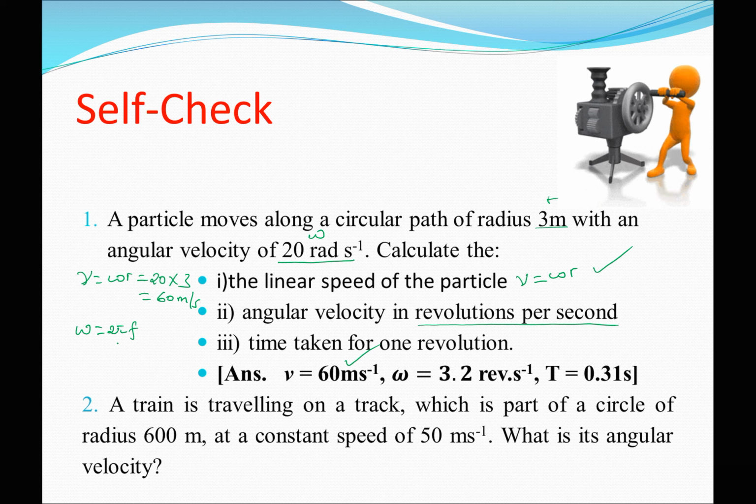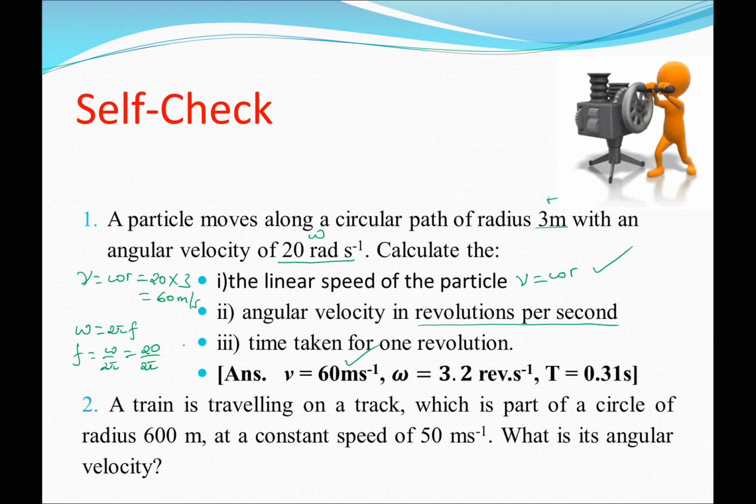And 2 pi alone is a revolution. So when we divide this by time, it is going to be in seconds. So it's equivalent to just finding f as omega over 2 pi, which is going to be 20 divided by 2 pi. So 20, remember, was in radians per second, and 2 pi is 1 complete revolution. So we are finding the number of revolutions in 1 second. So this will simply be 20 divided by 2 pi.